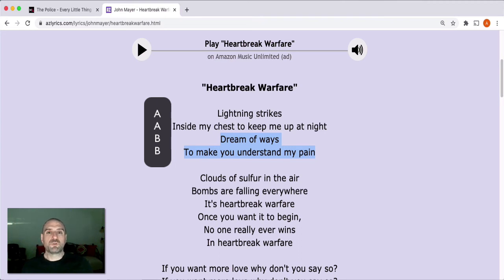So all four lines are related, but the first two can easily stand out on their own when separate from the last two and the other way around. Those two separate thoughts are basically sectioned off using rhyme. The first two lines are grouped together with that A rhyme. So when that rhyme is complete, you can stop and move on to a separate thought with the next two lines that share the B rhyme, ways and pain.